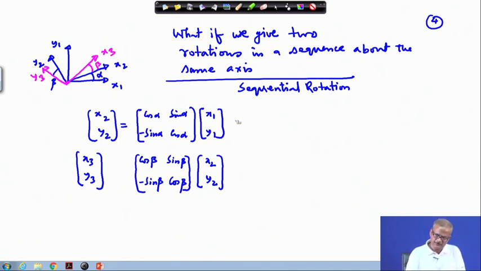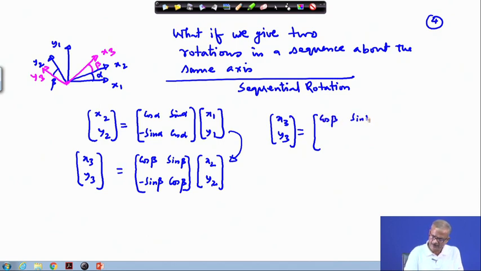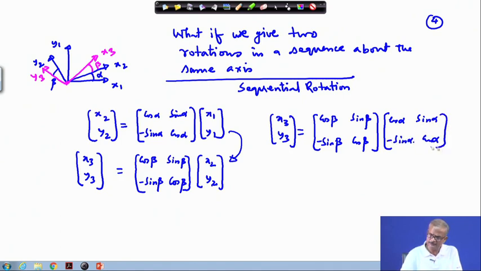Now, if we write x 3 y 3 in terms of x 1 y 1, here x 2 y 2, just replace using the upper one, just insert this into this one. So, this will be cos beta, sin beta, minus sin beta, cos beta times cos alpha, sin alpha, minus sin alpha, cos alpha.